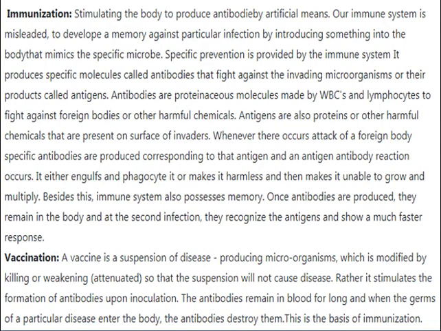So when that dose is injected into a person's body, then our body starts developing antibodies against that particular pathogen. So whenever a real pathogen of that particular disease enters the body, these antibodies will destroy them. So this is how immunization happens.